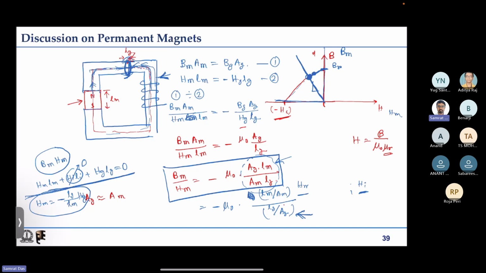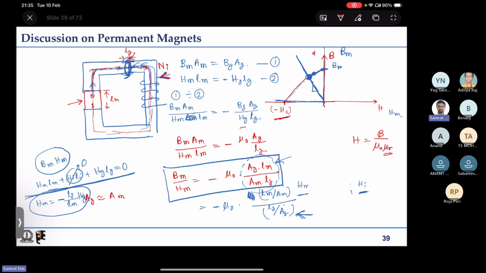Now if we apply the Ampere circuital law in this case, where we have some added current flowing, if we consider the number of turns to be n, then Ni is the mmf. Now we are traversing the loop in this direction, right?